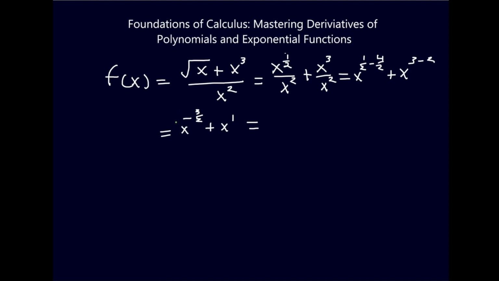So from before, if we bring the 3 over 2 down, that's negative 3 over 2 times x to the negative 3 over 2 minus 1, which is minus 3 over 2 minus 2 over 2 for the common denominator, which equals minus 5 over 2, plus x to the 1 is just 1. And if you take that 1, minus that 1 by 0, so that is x to the 0, which is just 1. So you can just write 1 in that case. And then yeah, that is our answer for this one.